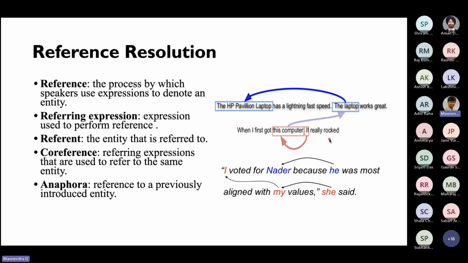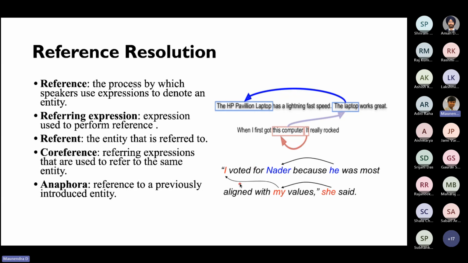Now if you look at the words or phrases marked in boxes, you'll see that they all refer to that HP Pavilion laptop, right? So it really rocked. What is the thing that really rocked? This computer. And what is this computer? This laptop. What is this laptop? This HP Pavilion laptop. So all of them are co-references. They refer to the same entity.